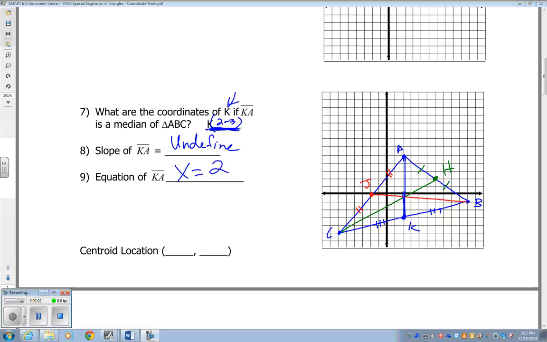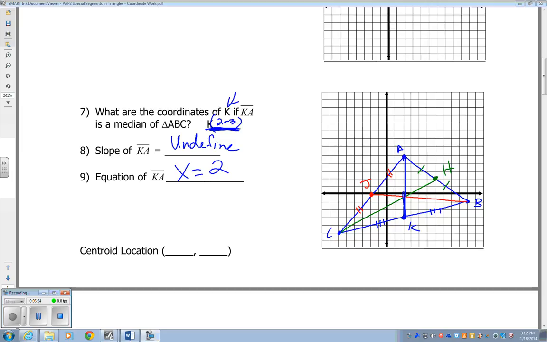Now, this is what I just want to show you real quick, because we're probably going to get into altitudes. When we are dealing with special segments and their point of concurrency, where all those special segments intersect, we create a special point.